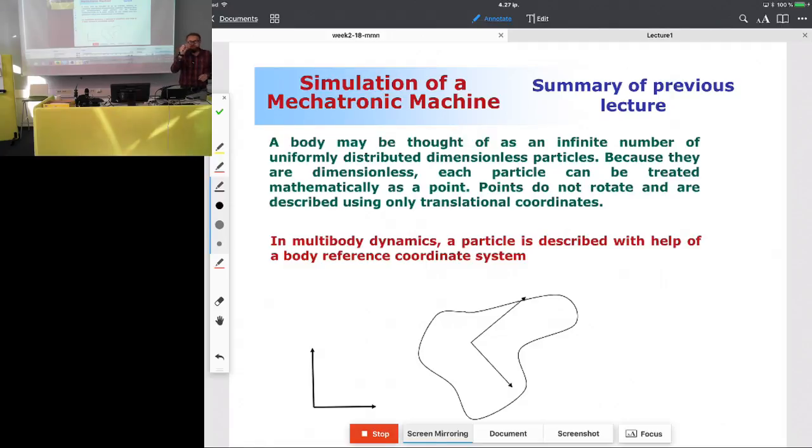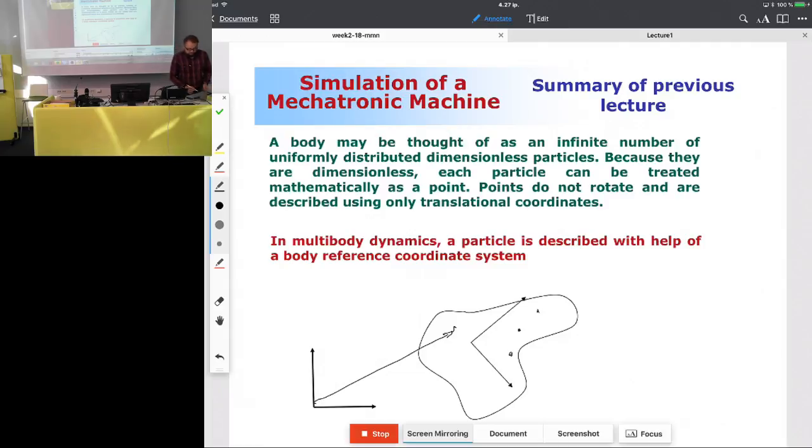Okay, particle, because it's so tiny, so small, it doesn't have any rotational degrees of freedom. It only has translations. So now it's somewhere located in a certain coordinate system. That's it. No rotations. But now, when we have many particles, like shown in this picture here, so I have a particle here and there, I could, in theory, describe each one of these particles by using a vector with respect to the global coordinate system.